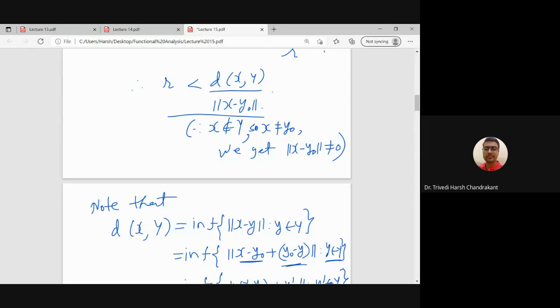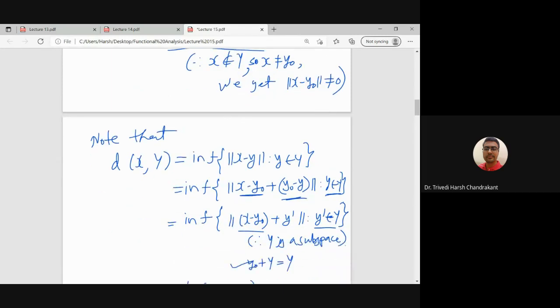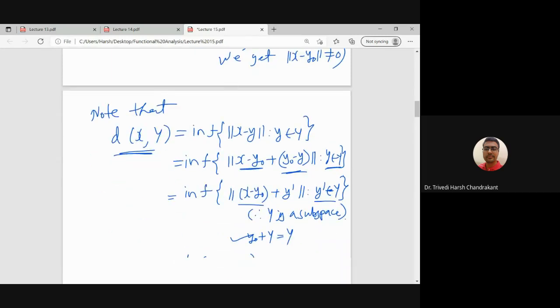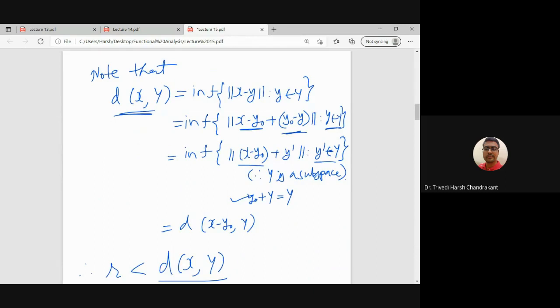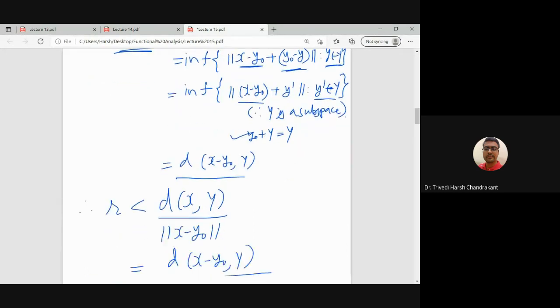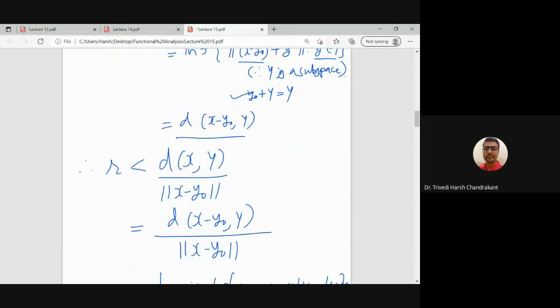And then we have used the property of the distance function. The distance of x from Y is always the distance of x minus y naught from Y, for every element y naught in capital Y. So that we are using, and then r is less than distance of x from Y divided by norm of x minus y naught.